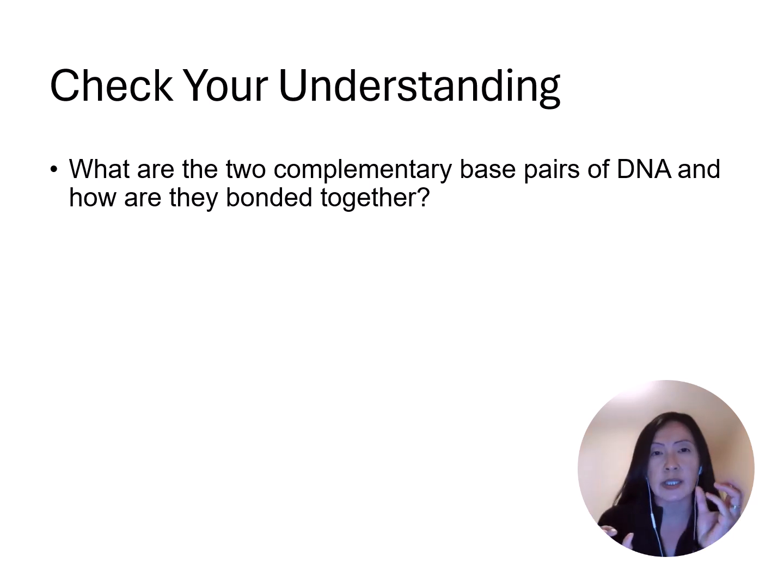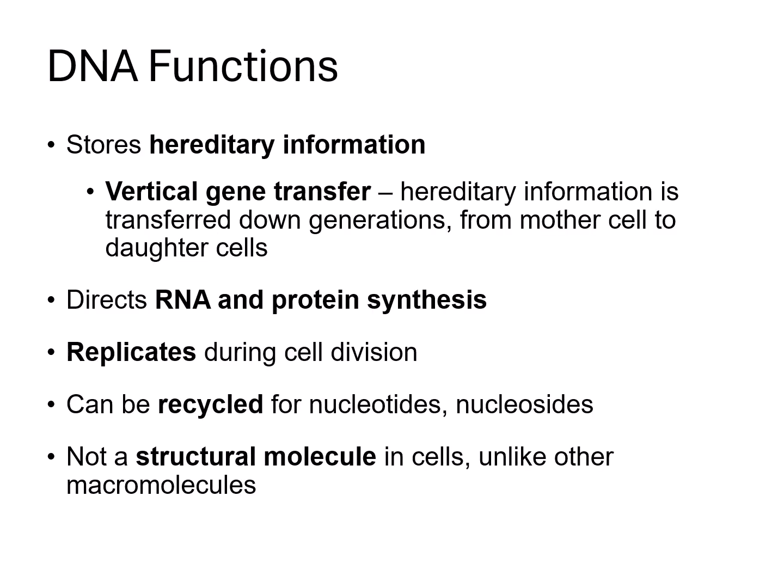So it's always a single ring pairing with a double ring in order to keep the double-stranded DNA helix uniform in width. And the more G and C pairs you have, the more DNA will be stable and harder to denature. DNA structure allows it to store and faithfully transmit hereditary information.